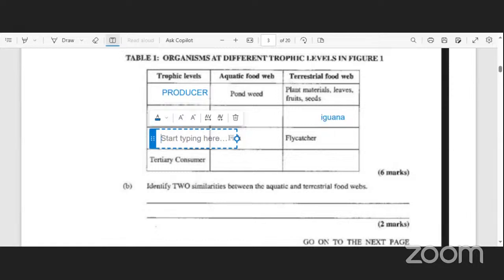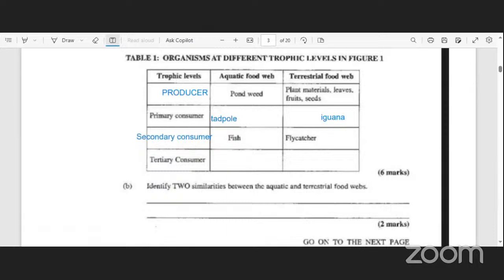Secondary consumer. Very good. The secondary consumer should come after the primary consumer. Okay, nice. So here we have our secondary consumers, and now we're finished with that trophic level.